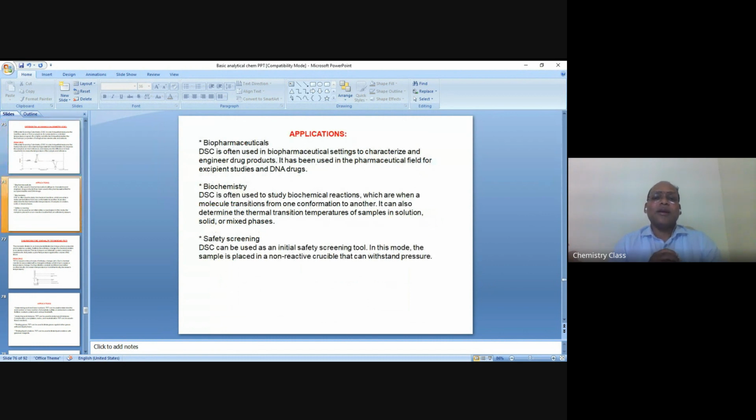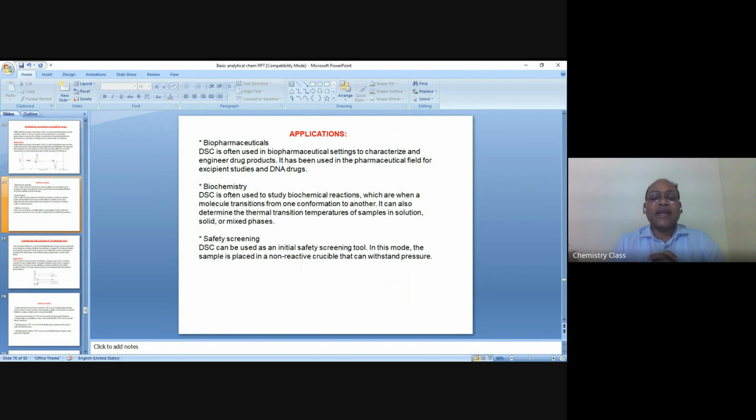Applications: biopharmaceuticals. DSC is often used in biopharmaceutical settings to characterize and engineer drug products. It has been used in the pharmaceutical field for excipient studies and DNA drugs. Biochemistry: DSC is often used to study biochemical reactions, which occur when a molecule transitions from one conformation to another.